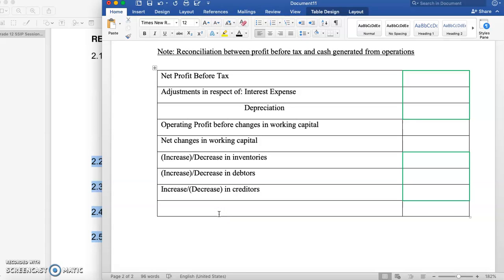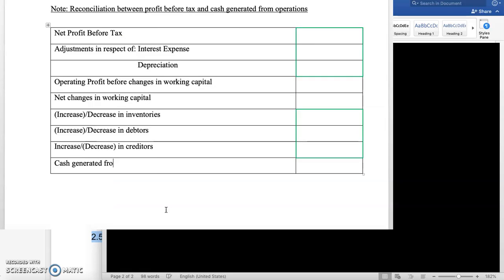Okay, and then the last thing is that we're going to add this total and this total to give us this. And this one is the final amount we want, and that is cash generated from operations.